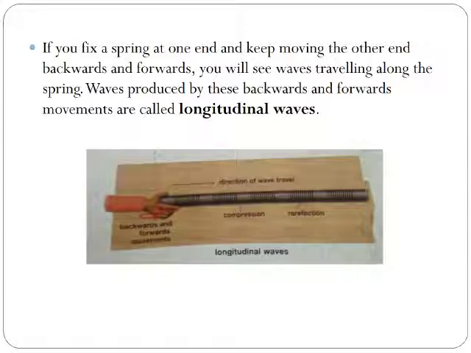The regions or parts of the spring where the particles of the spring are closer to each other are called compressions, and the regions where the particles of the spring are far away from each other are called rarefactions, and the waves produced in the spring are called longitudinal waves.